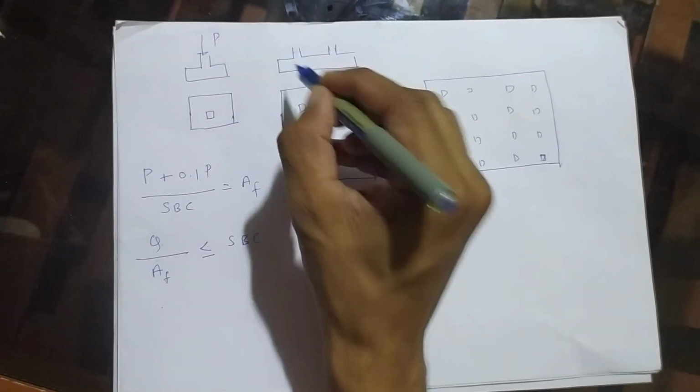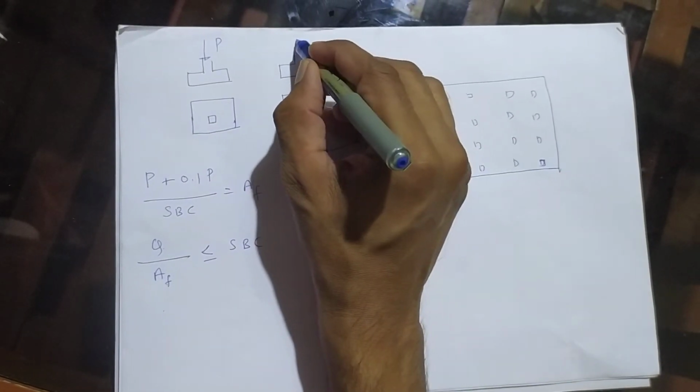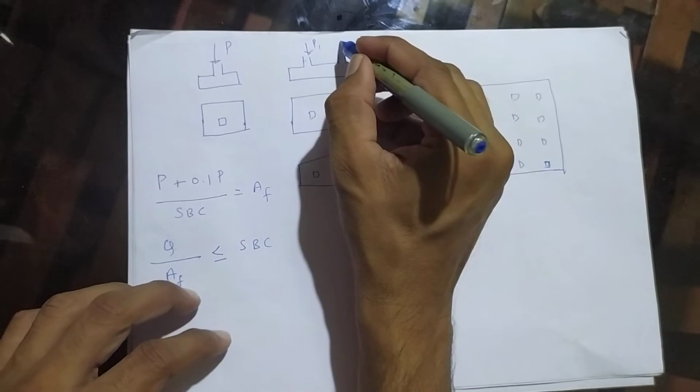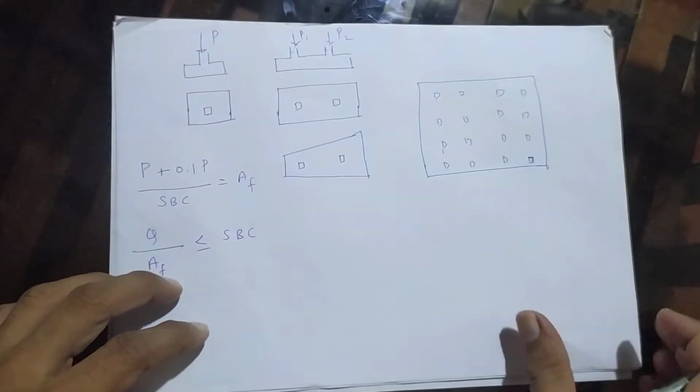Now if you have a rectangular combined footing where you have two different loads, say P1 and P2, let me draw a little bigger.